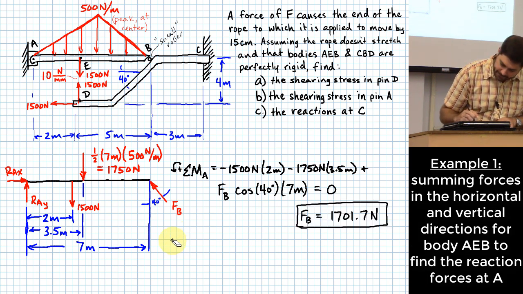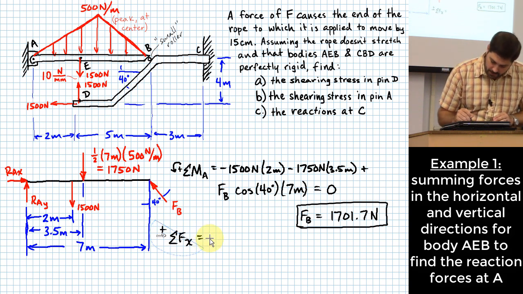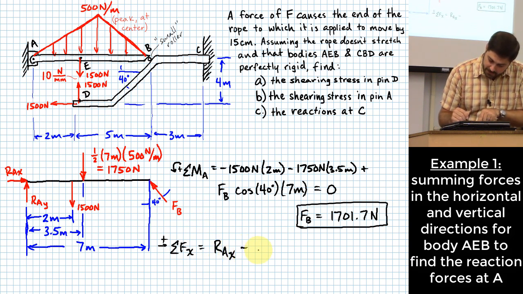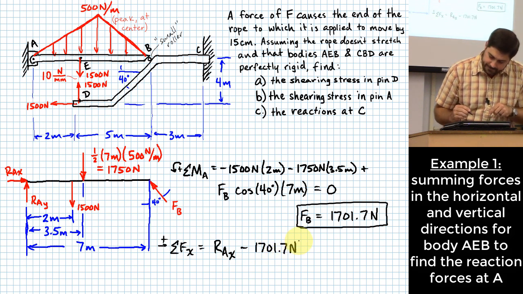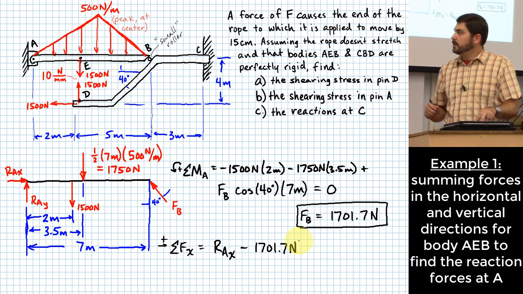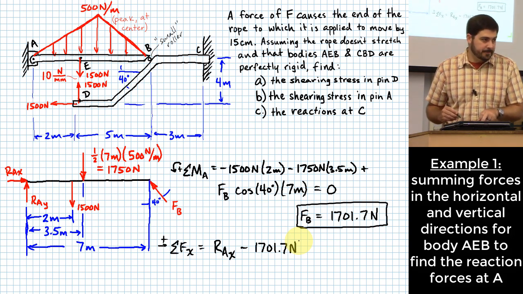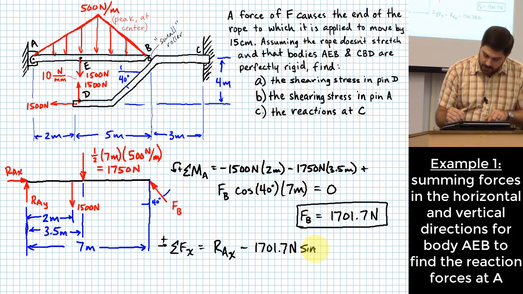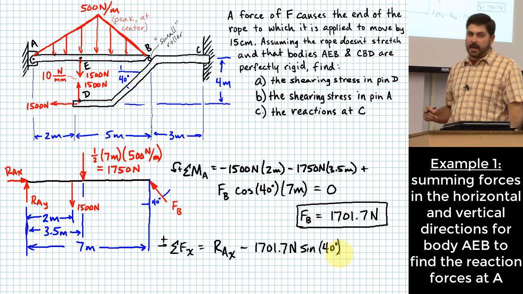Summing forces here in the x direction. Okay. I will have RAX minus FB. FB is 1701.7 newtons. But not the entire FB. What component do I need? The horizontal component, so here I'm going to do sine of 40 degrees because I need that opposite component to where the angle's measured.